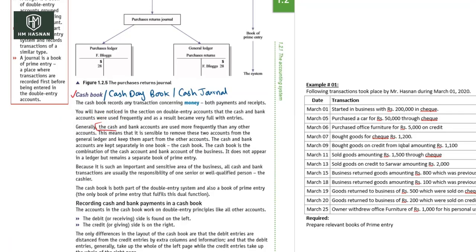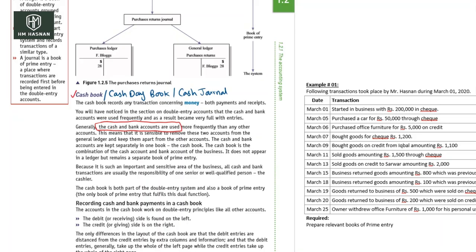The cash and bank accounts are used more frequently than any other account. So in this cash book, we will record cash receipts, cash payments, bank receipts, bank payments. So in cash book, we will record cash related transactions as well as bank related transactions.